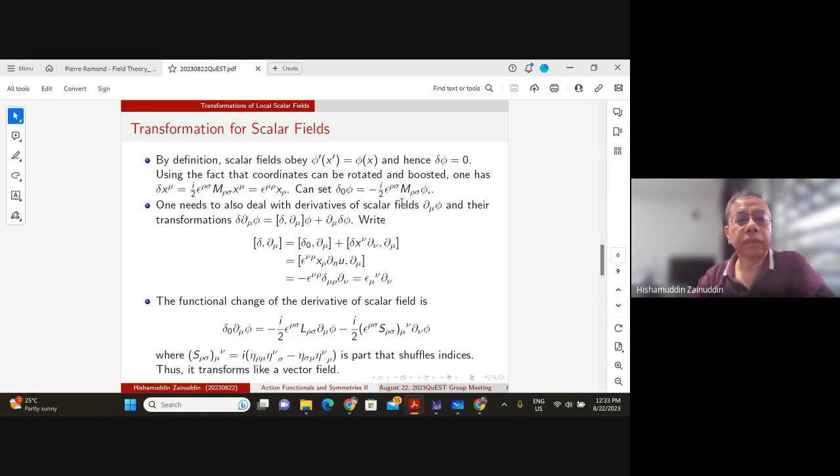The derivative of the scalar field will again have the infinitesimal transformation, which we can write using this. Remember that this is just like your operators. So now you just shuffle your transformation with the derivative, using a commutator, and then you can have just your derivative of the transformation.